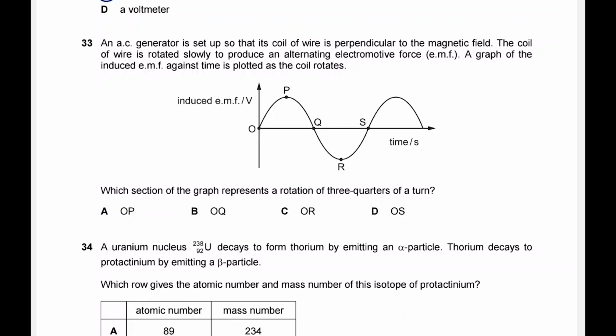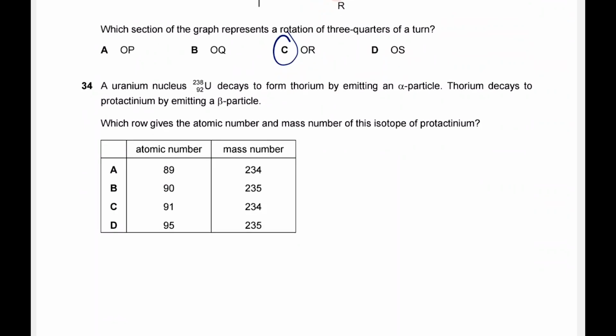Okay, one cycle is like the full wave, like this. So if the question is talking about 3/4, then it must be from here until here. So C.